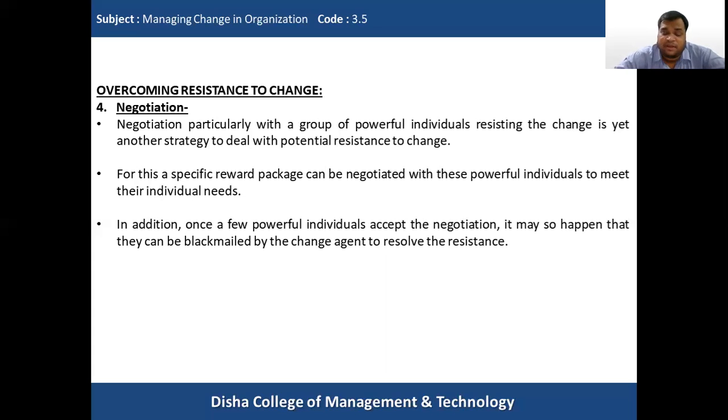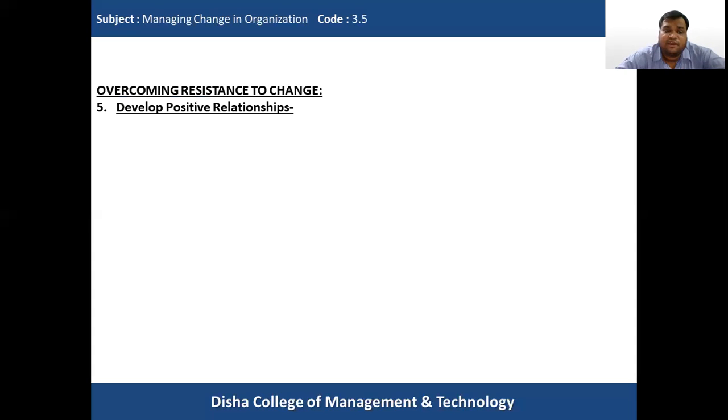Another way of overcoming the resistance to change is by developing a positive relationship with employees. Because whenever change happens, if we have a very positive relationship with the employees, then the employees have a certain kind of trust with the management and the change agent, so they will be accepting change much more properly.